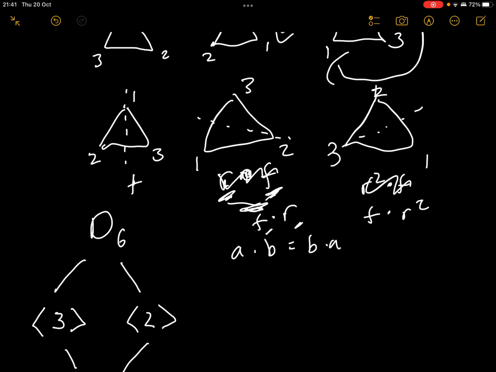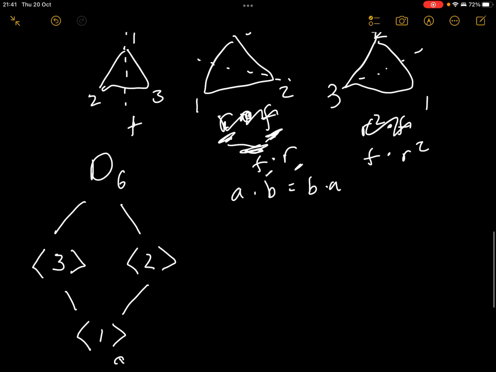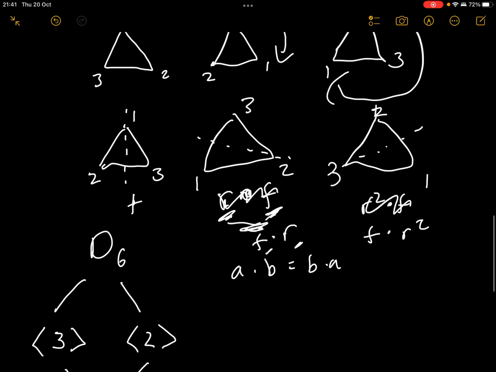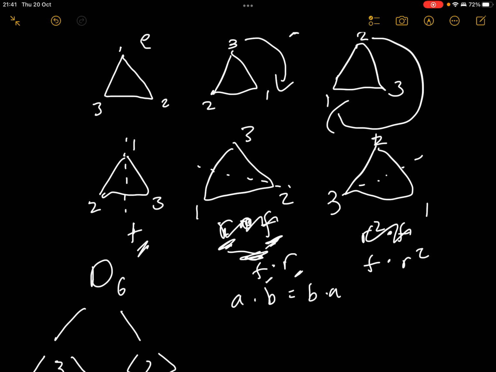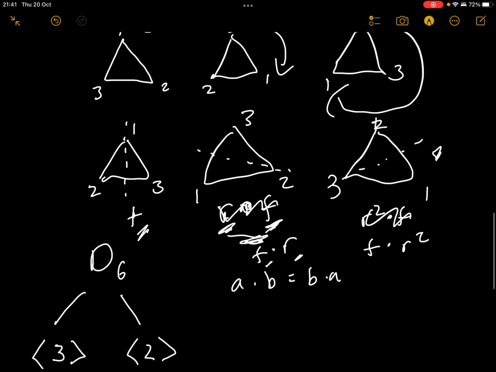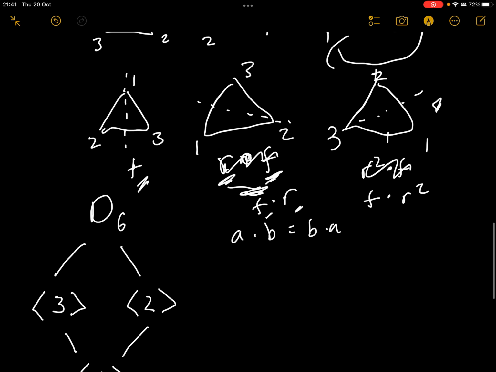Okay, so let's confirm. Let's try to do the flip first. If we do the flip first, we get here. And now if we rotate, we get this one. So if we do a flip and then a rotation, we get a flip times a rotation squared.